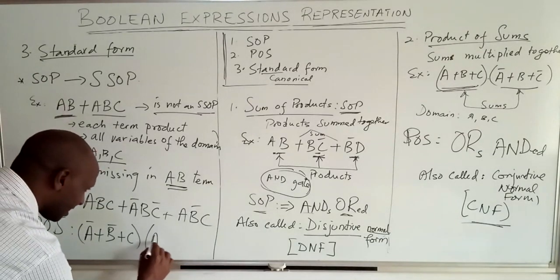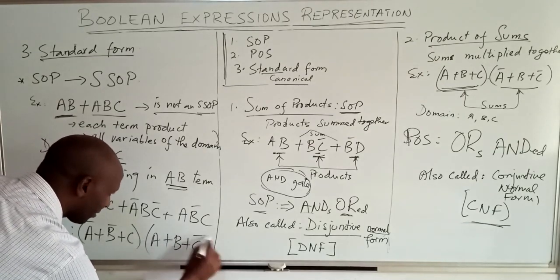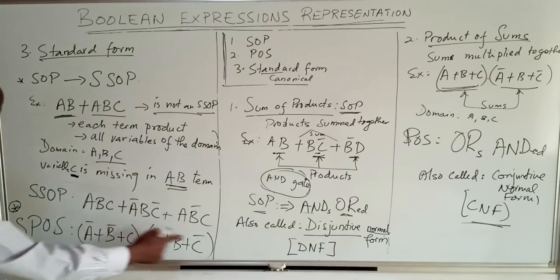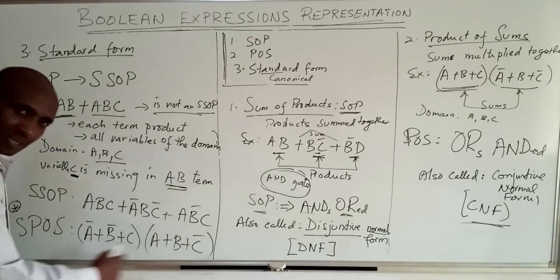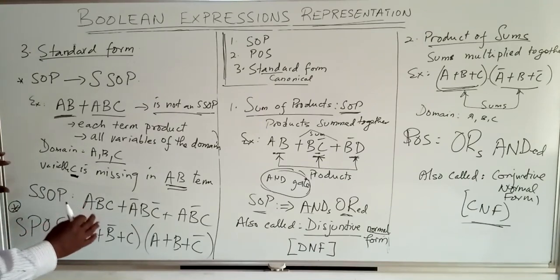Let us put the second sum: B plus C bar, for example. Yeah, this is a standard product of sum, because the variable A can be seen in the two terms, the variable B can be seen in the two terms, and the variable C can be seen in the two terms.